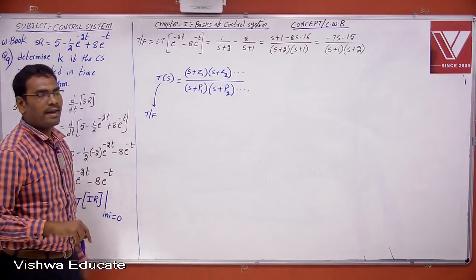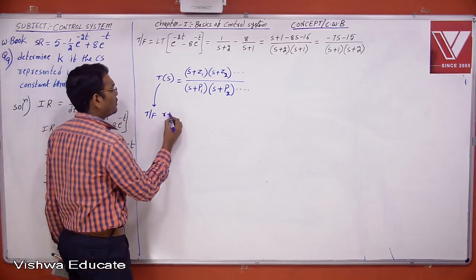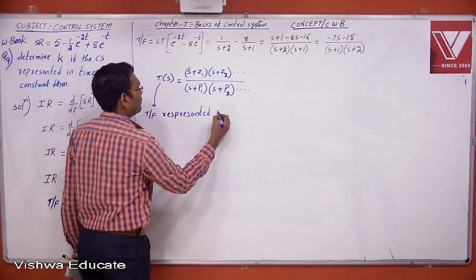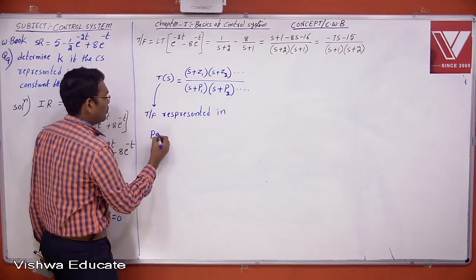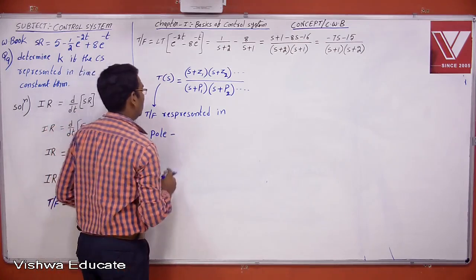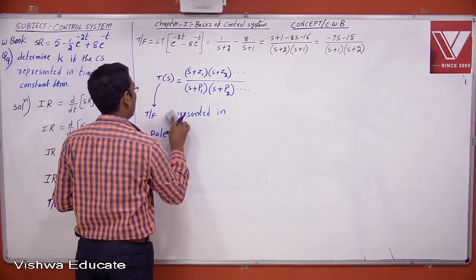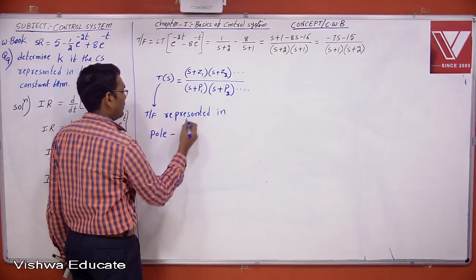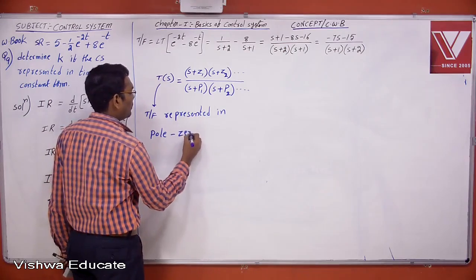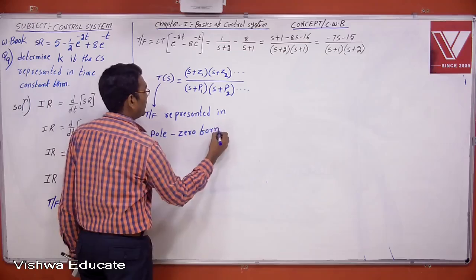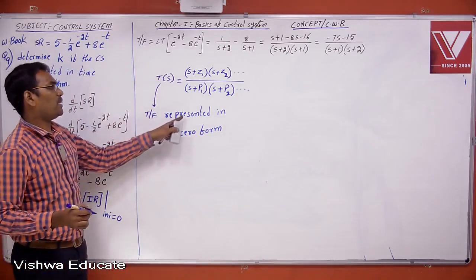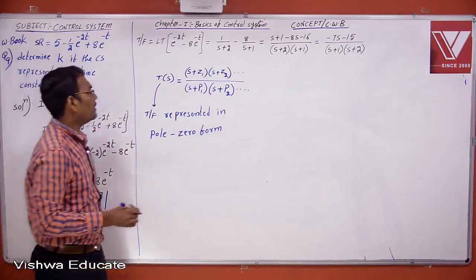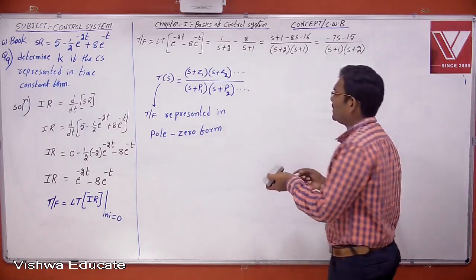This type of transfer function is called the transfer function represented in pole zero form. This is one way to represent the transfer function, because zeros and poles are available directly.